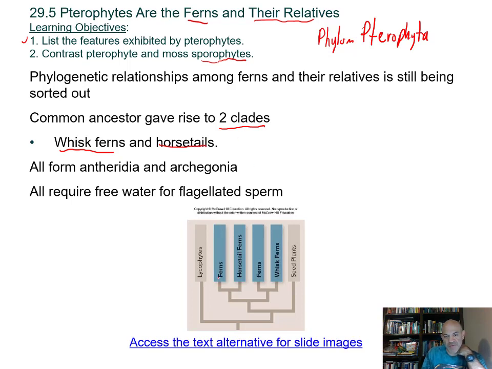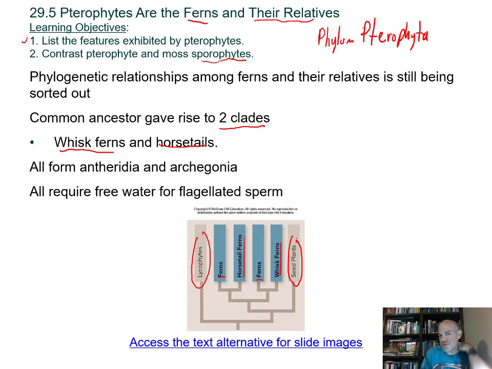Both do include ferns. And here are your horsetails and your whisk ferns, which we're going to briefly look at, and then look at the ferns overall. You can see where these are relative to the lycophytes, which we just studied. And up next, in the next chapter, are the seed plants.